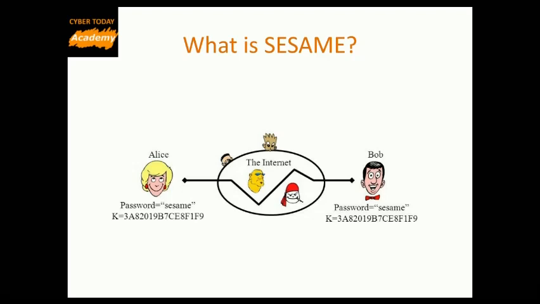So, what is SESAME? SESAME is short for Secure European System for Applications in a Multi-Vendor Environment. Often called the successor to Kerberos, it addresses some of the issues of Kerberos.